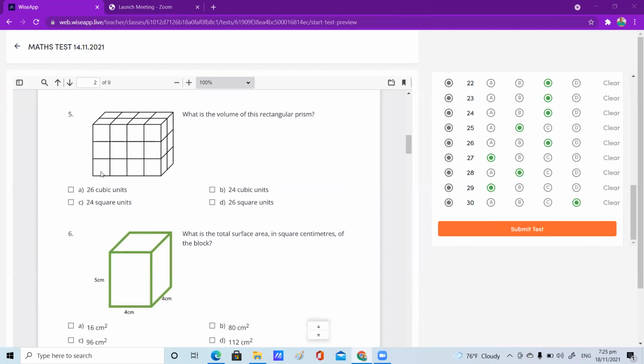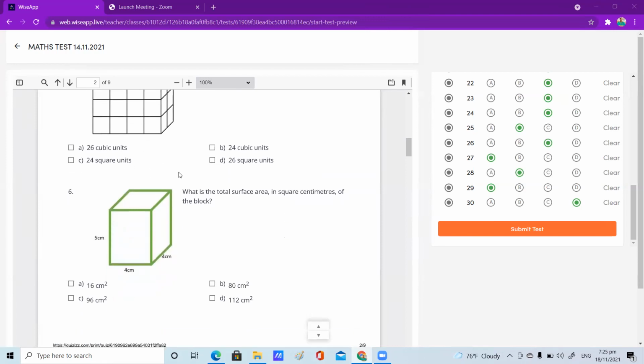These are unit cubes, each unit is 1 centimeter. So 1, 2, 3, 4 units: 4 is the length, breadth is 2 units and height is 3 units. 4 into 3 into 2. 4 threes are 12, so 24 cubic units, not square units, children.